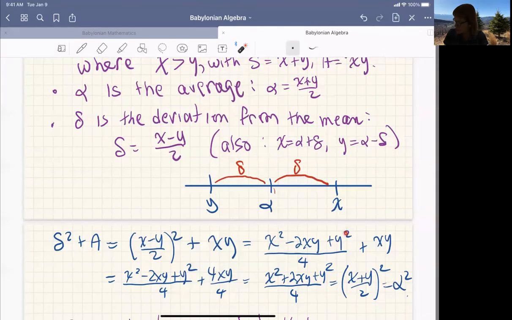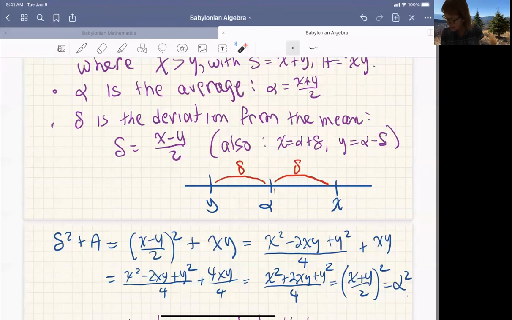Now I'm going to just expand that out. So x minus y squared is x squared minus 2xy plus y squared. And then the 2 squared is 4. And then I still have the plus xy. Let's put everything over a common denominator. My common denominator will be 4. So this becomes 4xy over 4. Now I can combine these into one fraction.